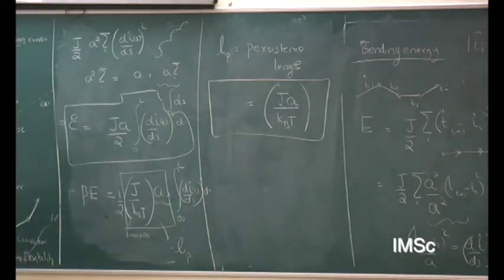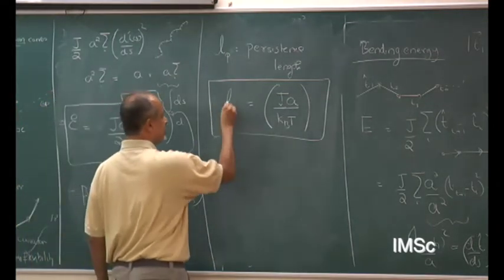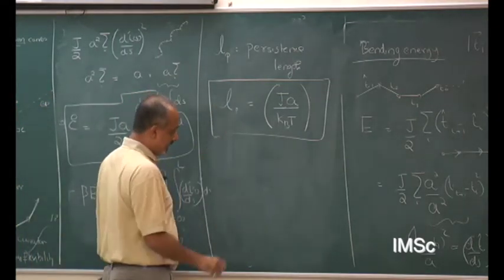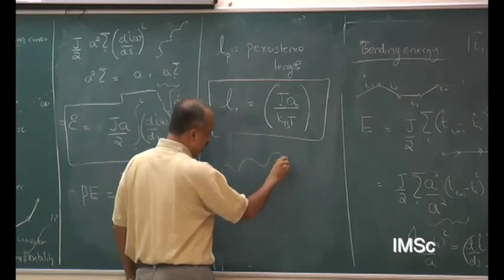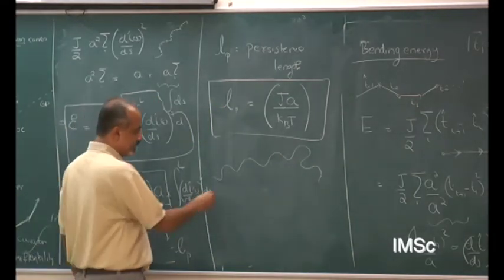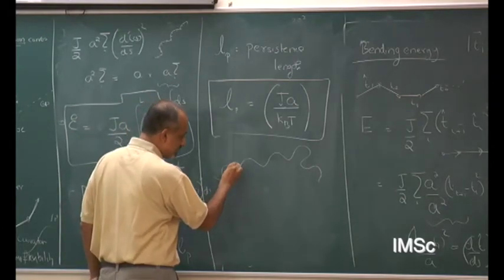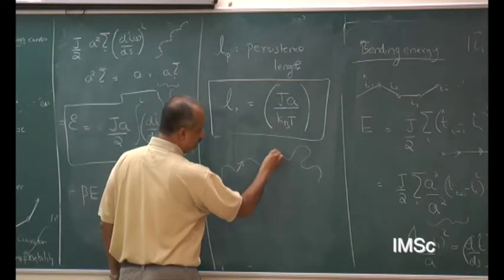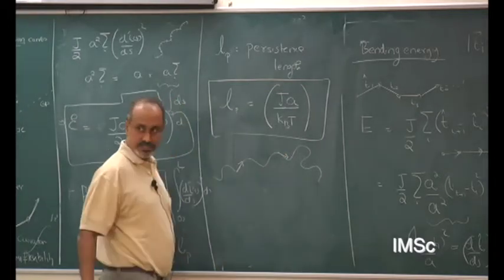The only reason I'm doing this is just to emphasize what this LP means. To do that, I will give you a result, but I won't tell you how it comes. That result is, what happens if I look at the correlation of the tangent vector here with the tangent vector at some other point?